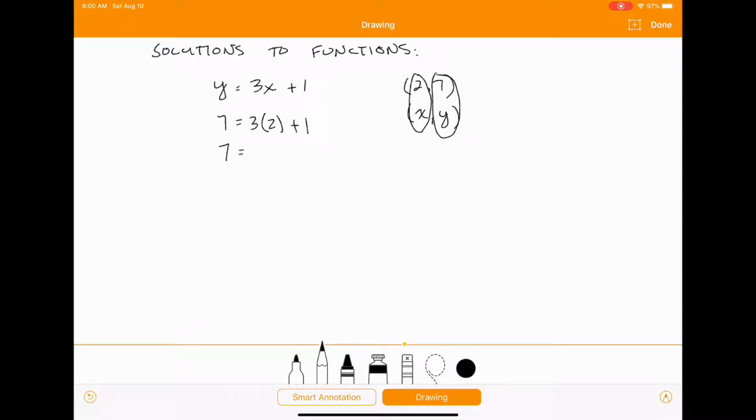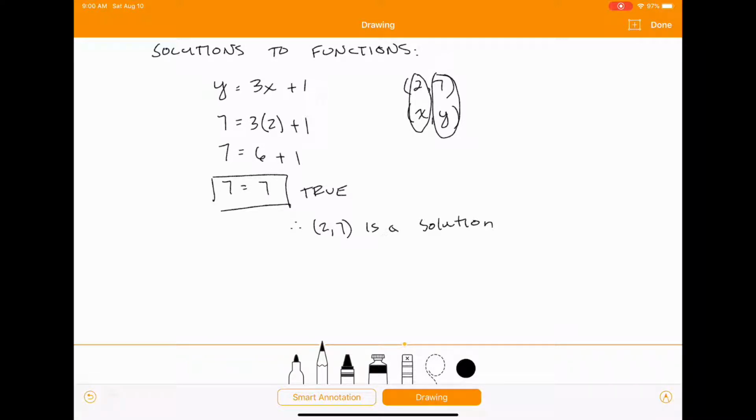So 7 equals 6 plus 1, 7 equals 7. Now, because this statement right here is true, the ordered pair is a solution to the function. Therefore, 2, 7 is a solution.